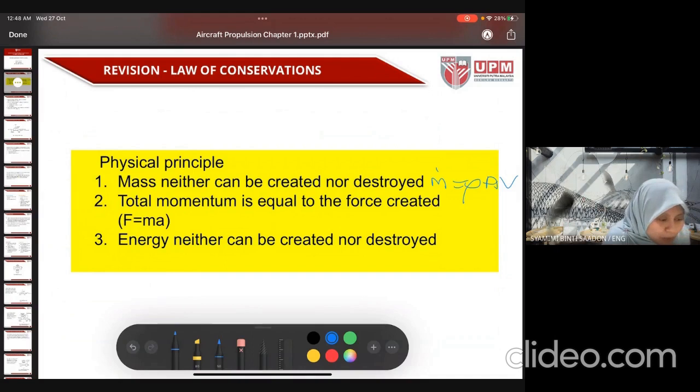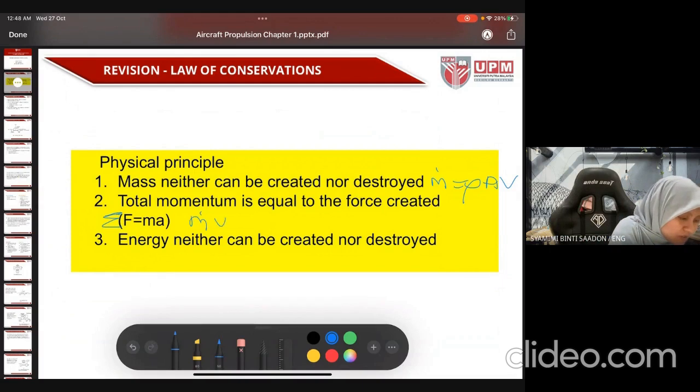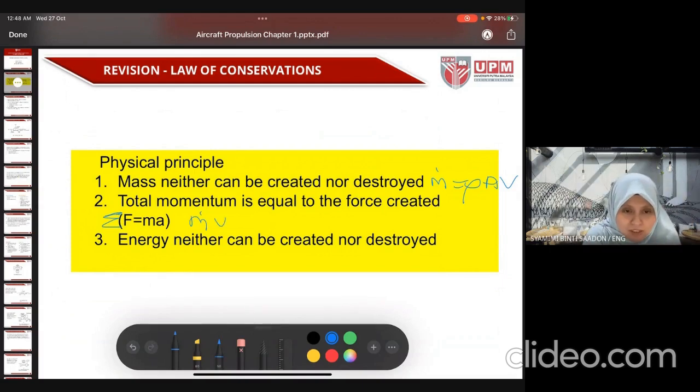The second one is the conservation of momentum. It means that the sum of the forces exerted on the system equals m a, or m dot V: mass flow rate multiplied by velocity, or mass multiplied by acceleration.